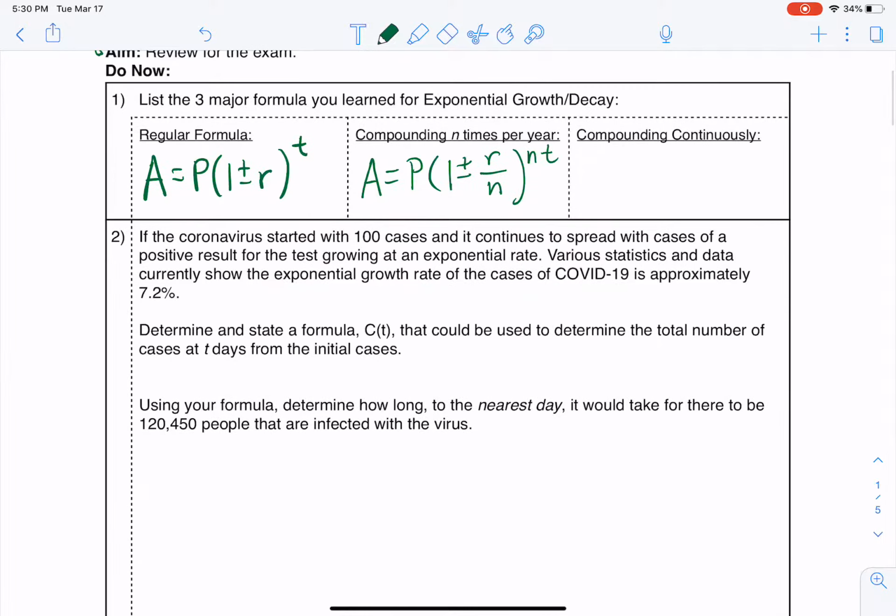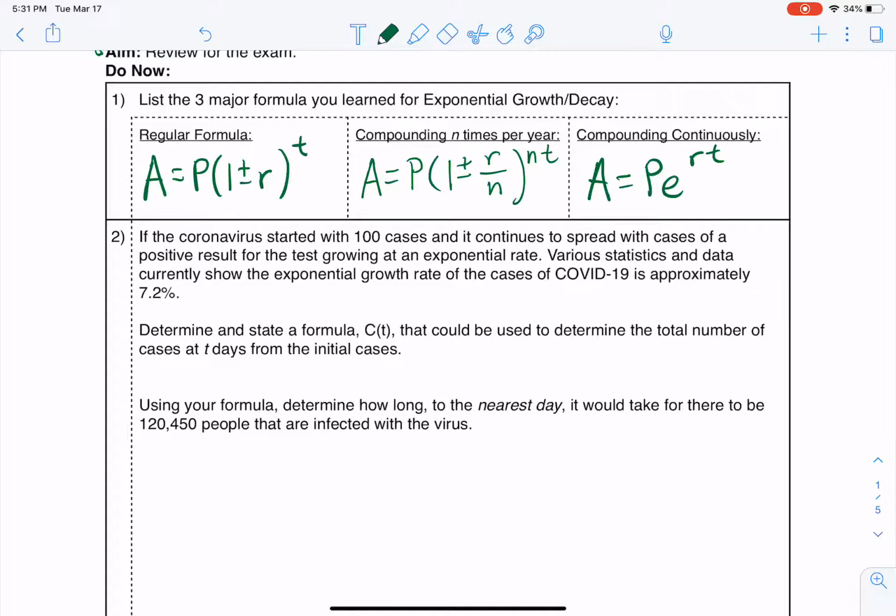Okay, the next formula that we have looked at is when we're dealing with things that compound continuously. So the way that we would write that equation is A equals P times e raised to the power of rt. R again is the rate, t is the time. Note in this equation that the rate appears as the exponent.